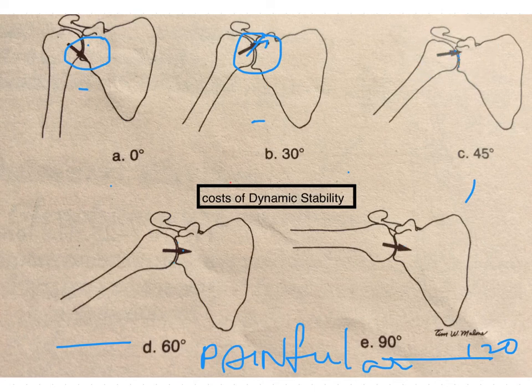That means if dynamic stability is not maintained, the joint may subluxate, or it may finally dislocate also.